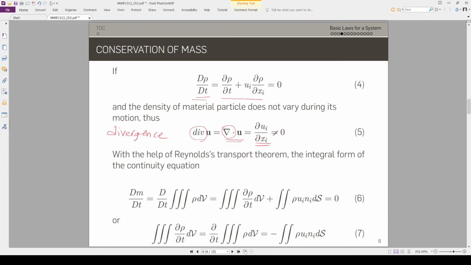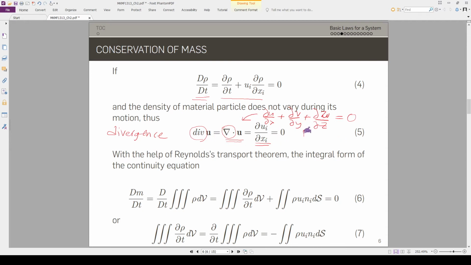And all of them will be equal to 0. So if we look at the equation that we developed just now, where we have ∂u over ∂x plus ∂v over ∂y plus ∂w over ∂z equal to 0, this is equal to the set of equations in equation number 5.